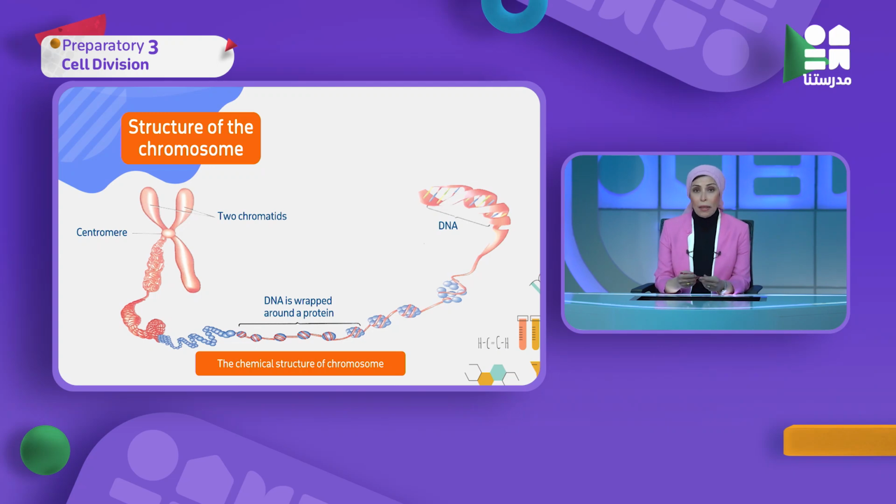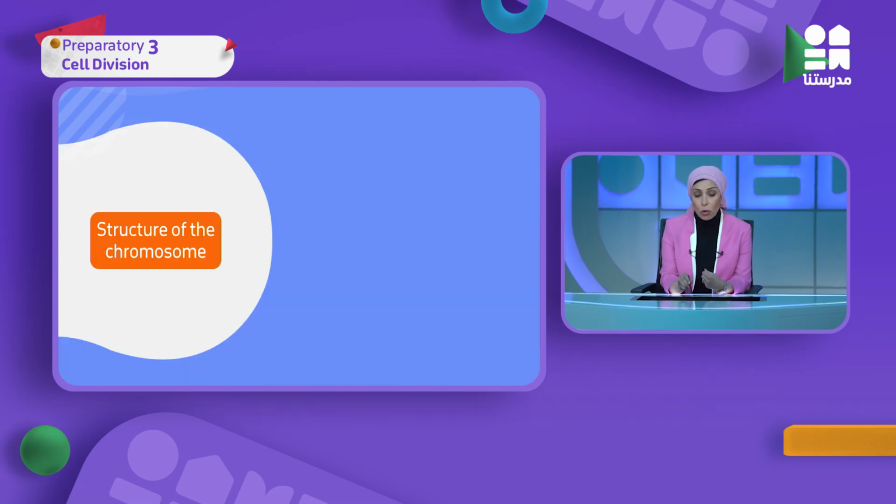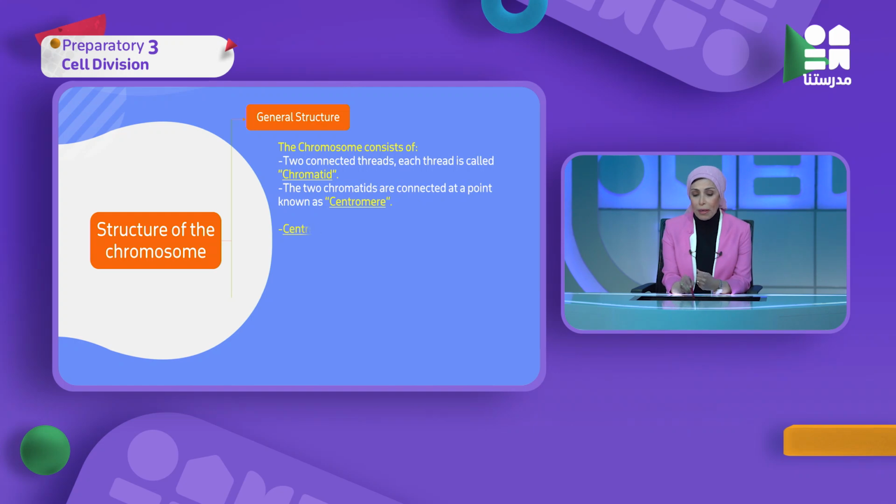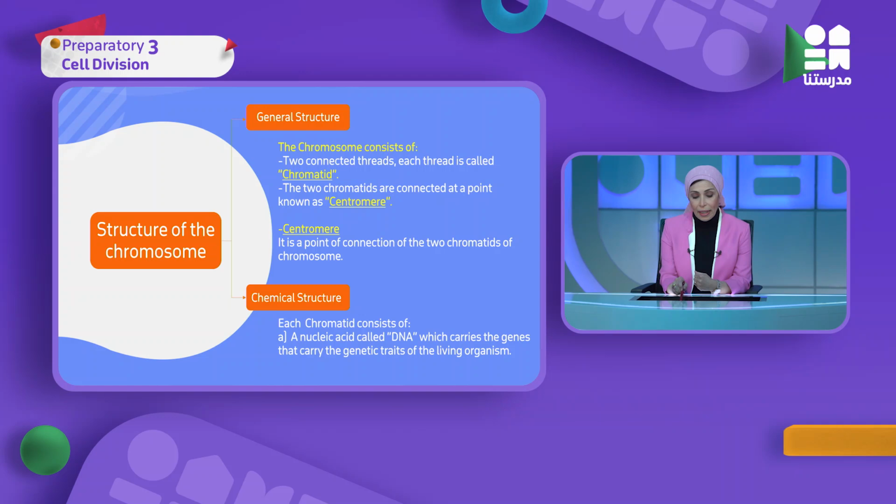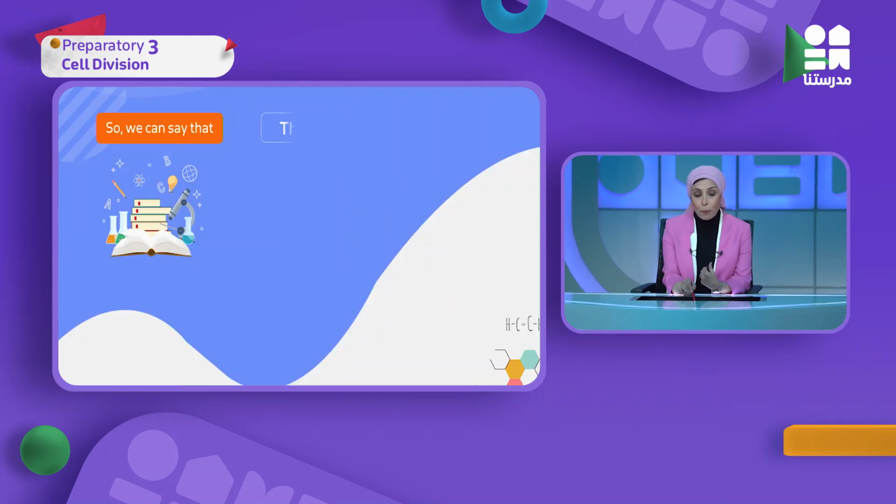What is this chromosome? Let's go and see. The chromosome is the main part inside the nucleus, which is, as I said now, the chromatids, and we explained the structure of the chromosomes. Let's see the importance of the chromosomes.